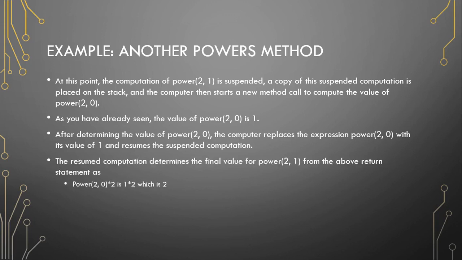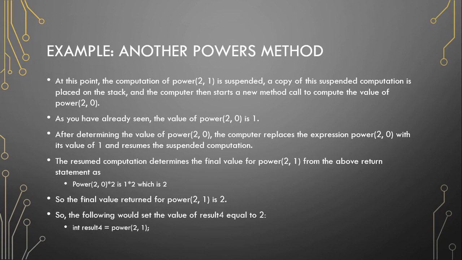The resumed computation determines the final value for power 2, comma 1 from the above return statement as power 2, comma 0 times 2 is 1 times 2, which is 2. So the final value returned for power 2, comma 1 is 2. So the following would reset the value of result 4 equal to 2. Int result 4 equals power 2, comma 1.